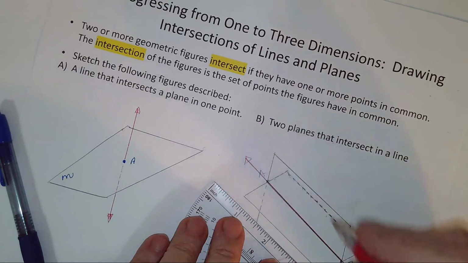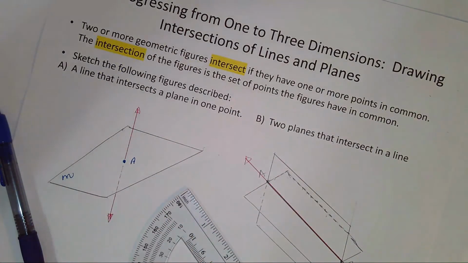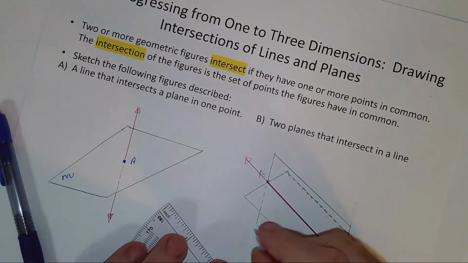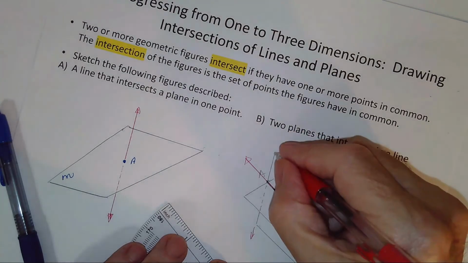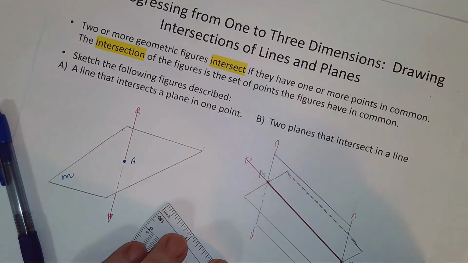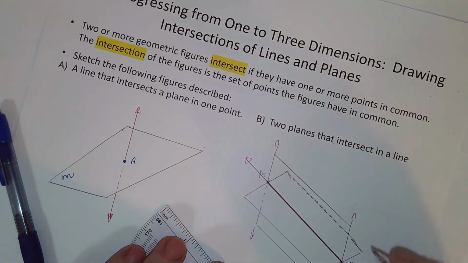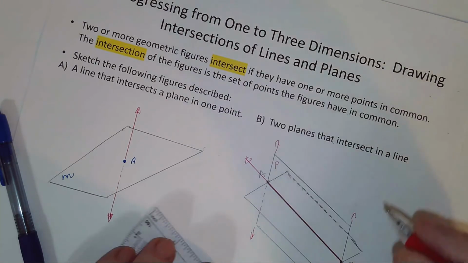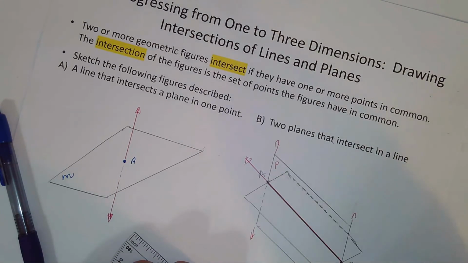Remember that these planes extend, they extend down like this. We'll call this one Q, and we'll call this one P. So plane Q and plane P, they extend.